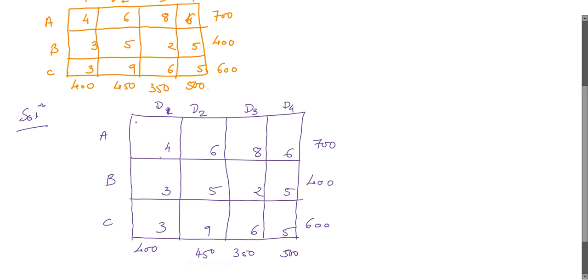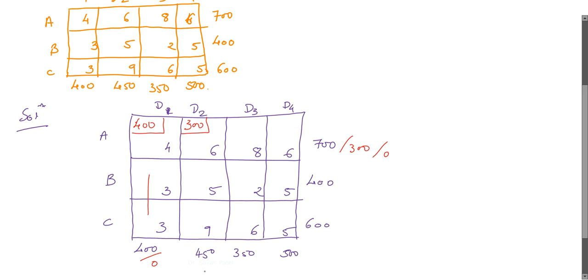Whatever is the minimum of the requirement and the availability, that is 400 and 700, the minimum is 400, so I will allocate 400 units here. Here I am left with 0, so this column is cancelled. Here we are left with 300 units. Now the northwest corner is this one, so we allocate the maximum possible. The minimum of 300 and 450 is 300, so I write 300 here.